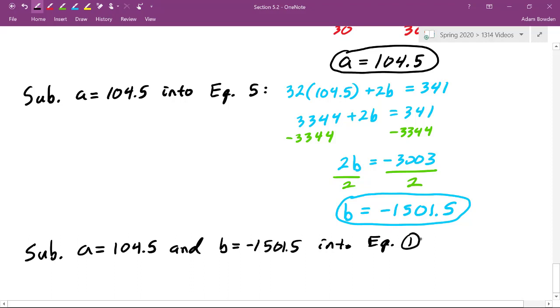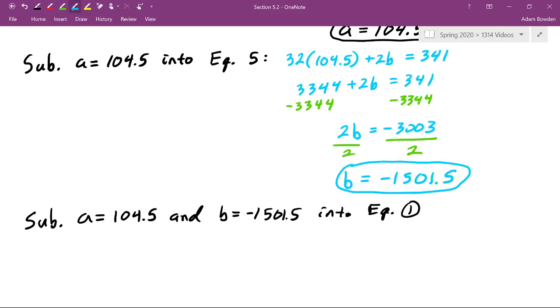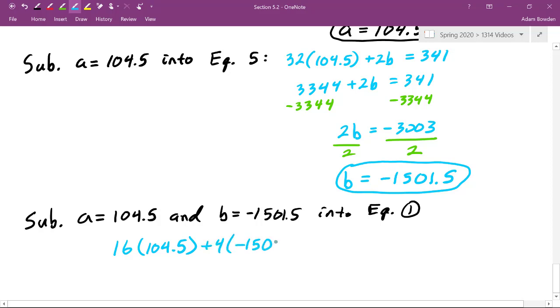I just used equation 1. That would look like 16 times 104.5 plus 4 times negative 1501.5 plus c is equal to 1,682.